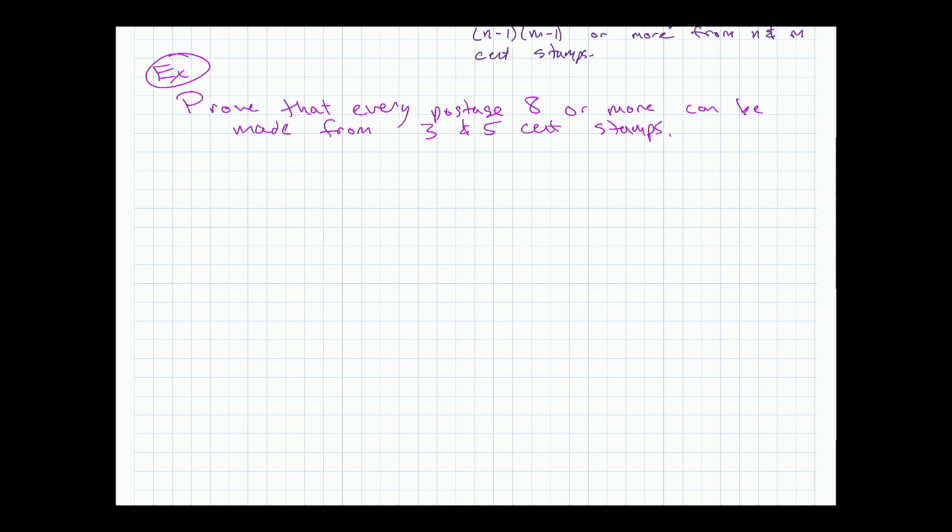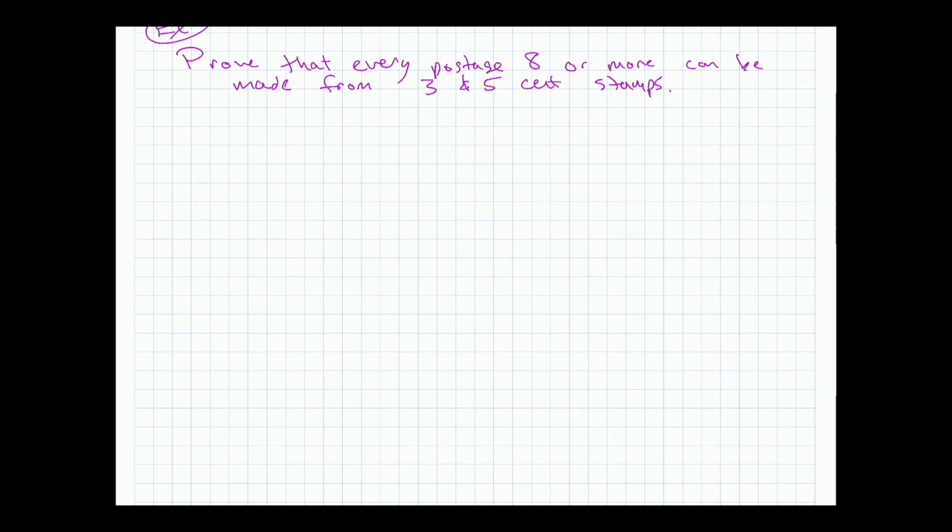All right. So here's how you do it. So proof, basis case. What's your basis? So we know that we're starting at 8. So literally, you just have to list out how to make 8, 9, 10, right? So you say 8 cents is 1 3-cent stamp and 1 5-cent stamp.